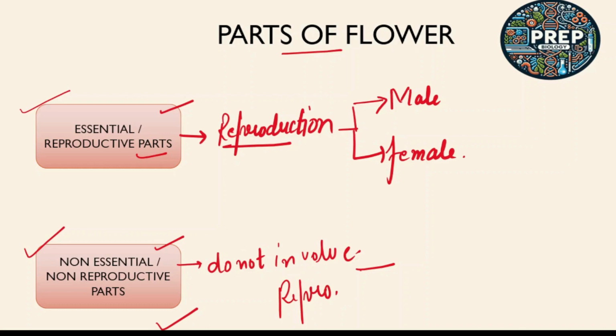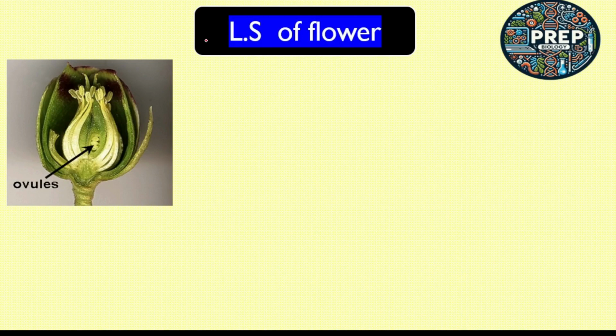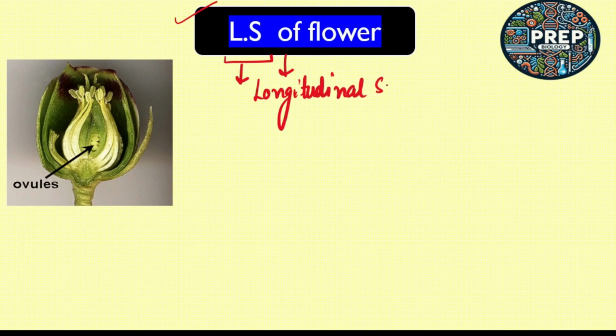Let's see the structure of the flower. We have the LS of flower. First of all, let's understand the meaning of LS. LS means longitudinal section of a flower. What does this mean?